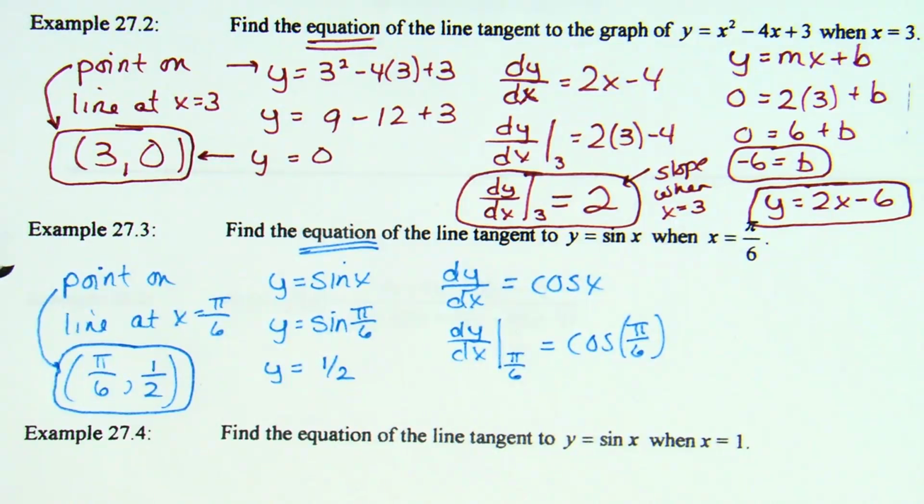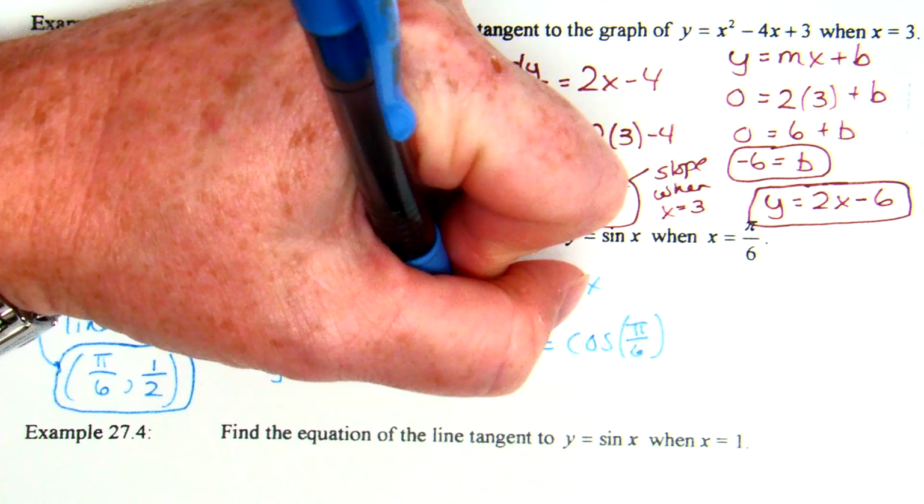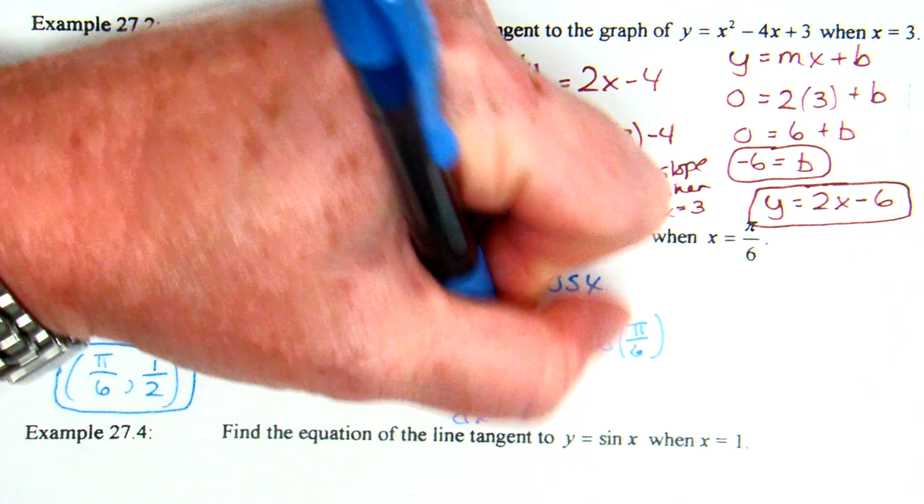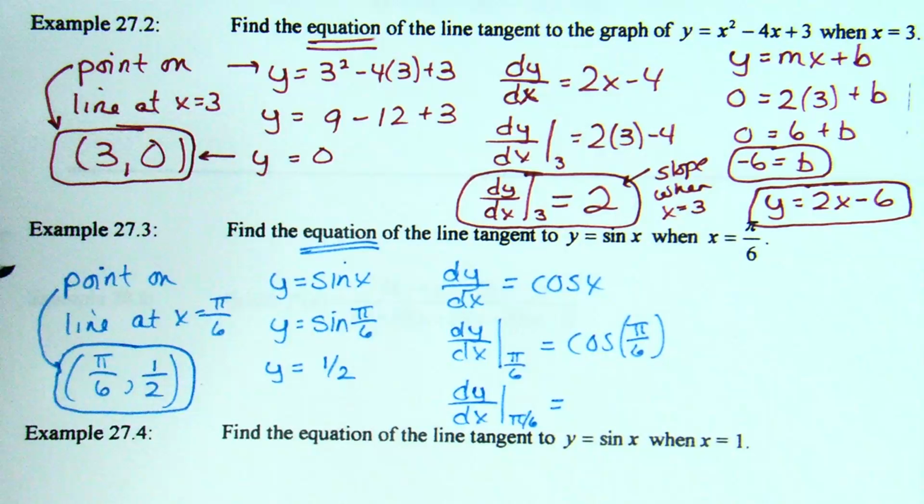Is there one way to do it on this one? No, it's in the chart, so you can go one more step. Cosine of pi over 6.